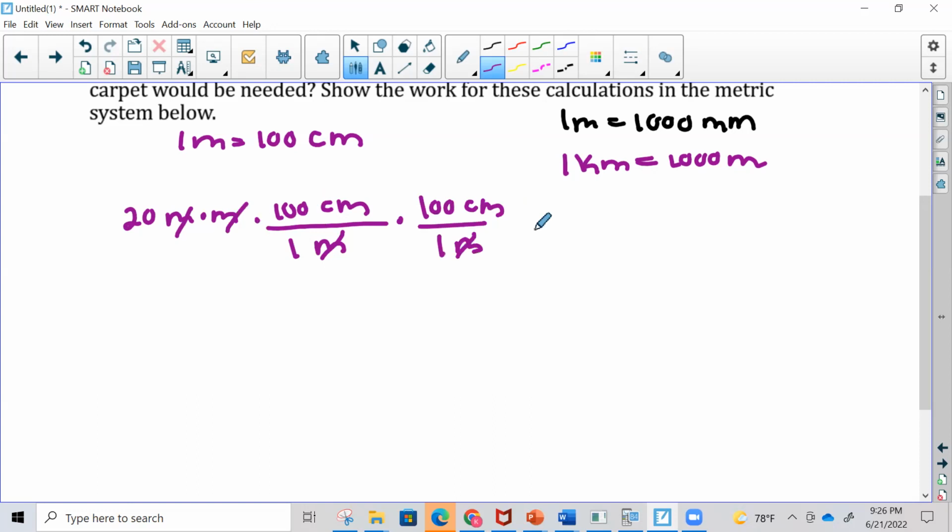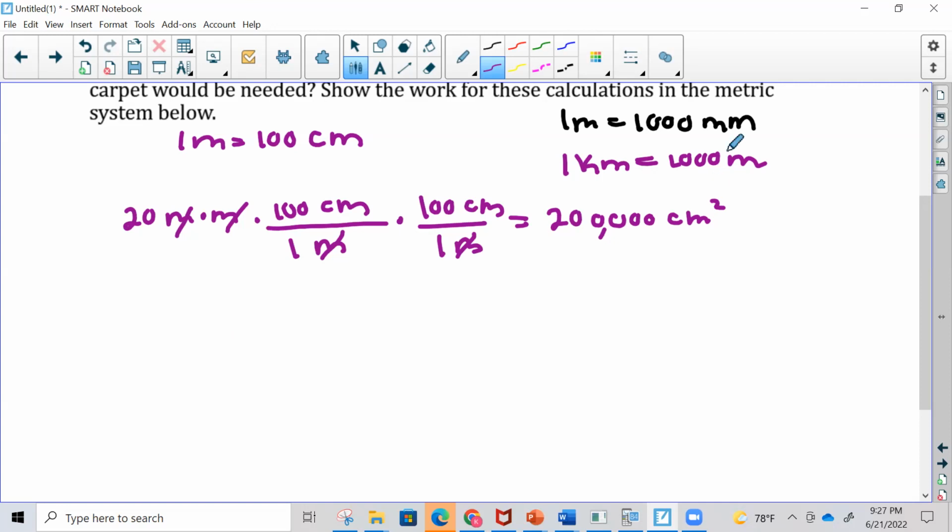Then I multiply the numerators and the denominators. If I multiply this out, that gives me 200,000 centimeters squared over 1, and centimeters times centimeters gives centimeters squared. So that's the first one, converting to centimeters.